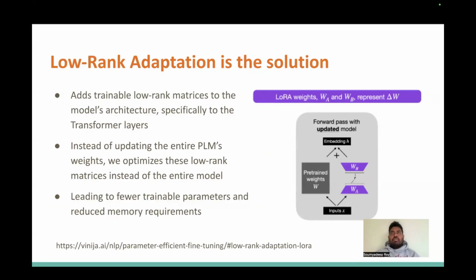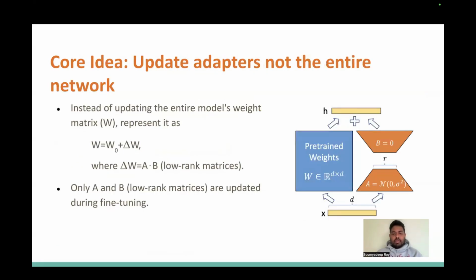But if we reduce the matrix to a lower rank and perform the operations there, on the lower rank size, the number of matrix multiplications significantly reduces. So the advantage is that the computation cost reduces, right?